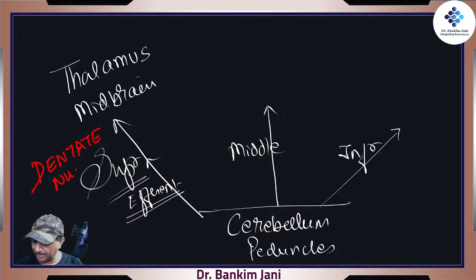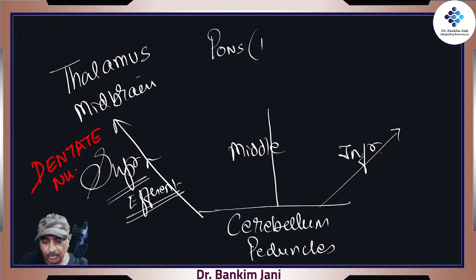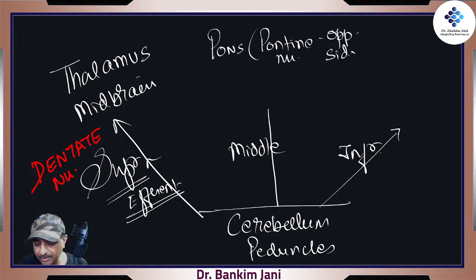What about the middle cerebellar peduncle? For the middle cerebellar peduncle, we have to change the arrow. Things are absolutely specific. This is about the pons. There are the pontine nuclei, but these pontine nuclei are of the opposite side. Very important clinically because things would change over here depending on which side the lesion is.